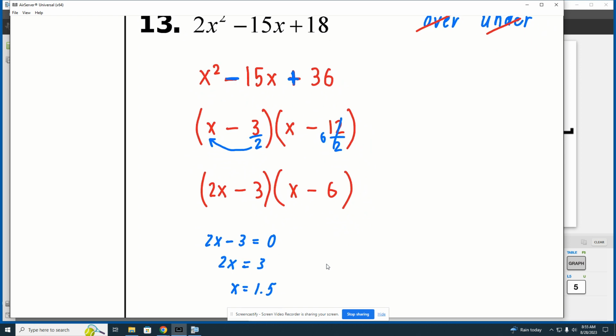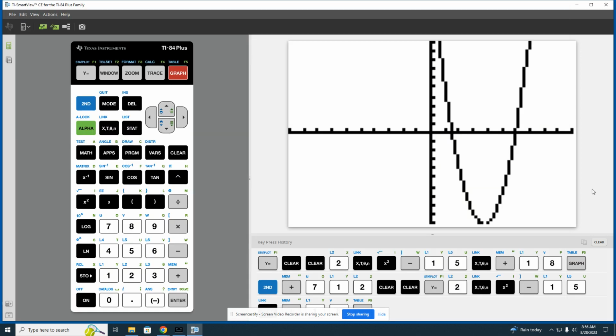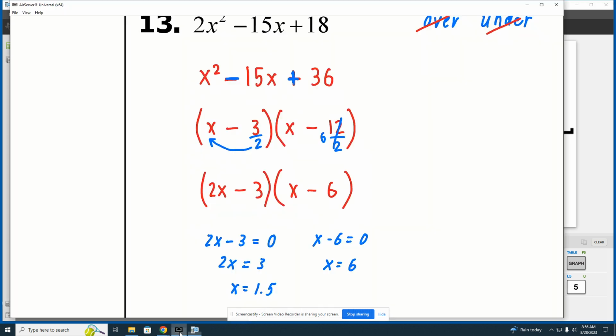But no, whoa. And then if I took the x minus 6, of course, and I set it equal to 0 and solved, what would it give me? The same solutions that we got when we graphed this thing and looked to see where it crossed the x-axis. Okay, here's the point. There absolutely is a connection between the solutions of a quadratic and the factors of that quadratic.